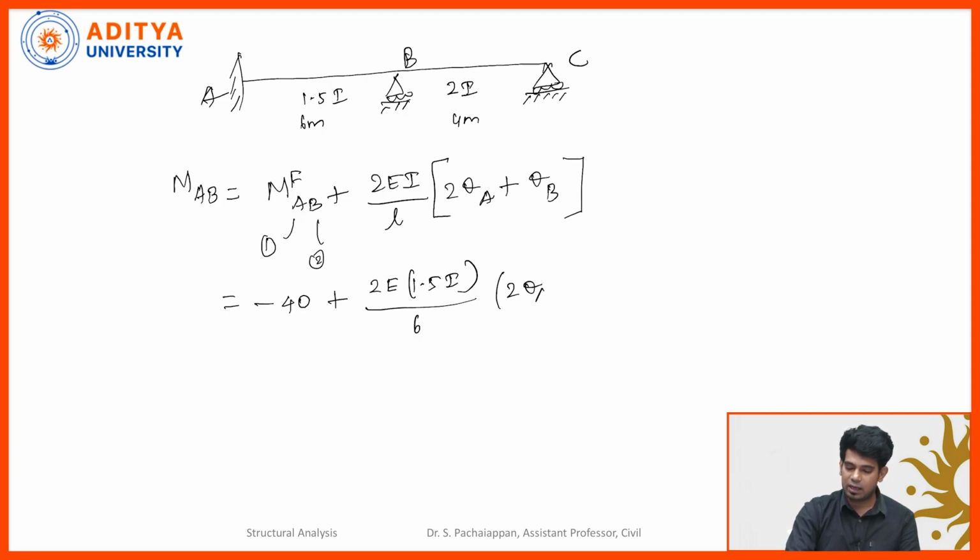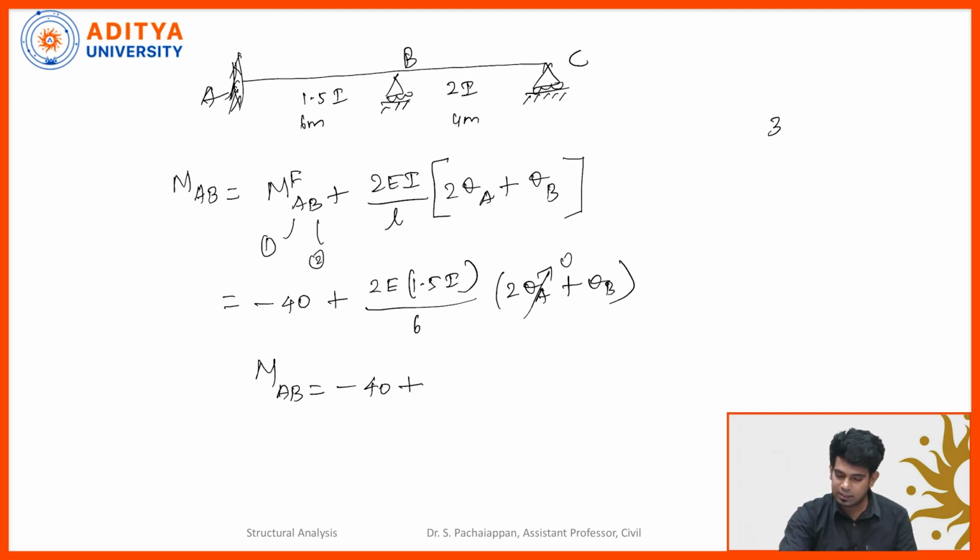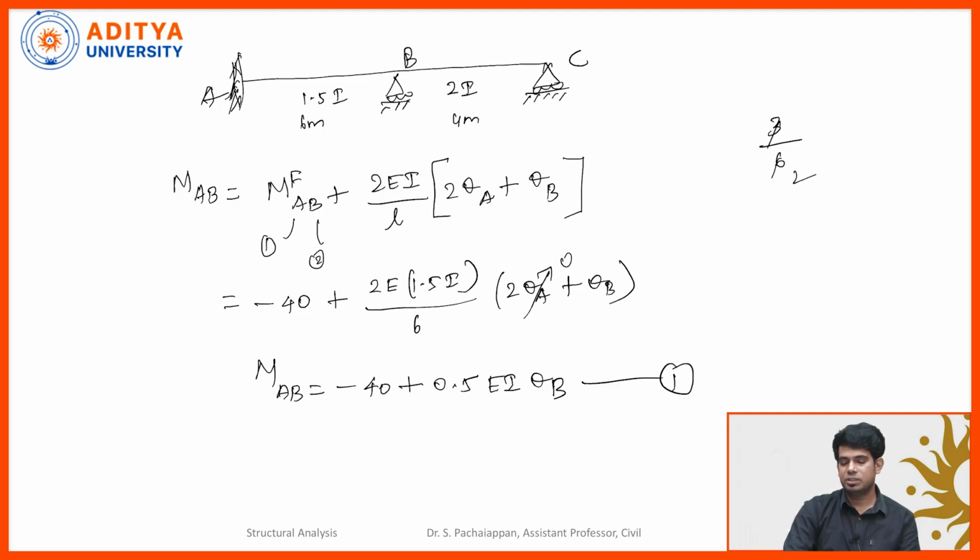So 2 times of theta A plus theta B. I am going to make theta A value 0 because it is a fixed support, there won't be any rotation. Upon simplifying this, I will be getting MAB equal to minus 40 plus 0.5, because 2 into 1.5 is 3, and 3 divided by 6 is 1 by 2. So I am writing 0.5 EI theta B. So we framed equation 1.